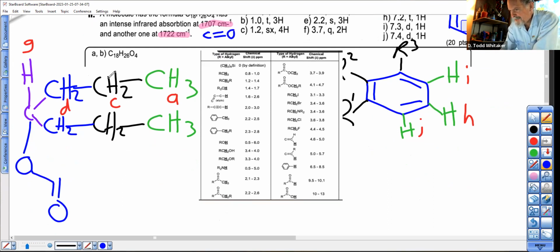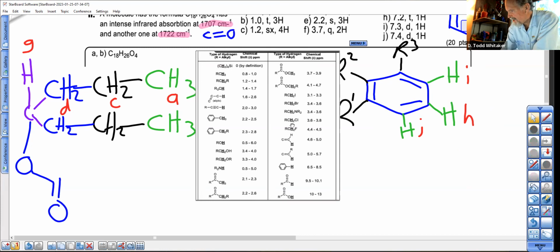Now I got to figure out how this attaches to benzene. Is it the carbonyl that's attached is the question? It might be. I believe we're running out of carbons. That's another issue to think about. Where are we at? We got 2, 4, 6, 7, 8 plus 6 is 14. We only got 4 more carbons.